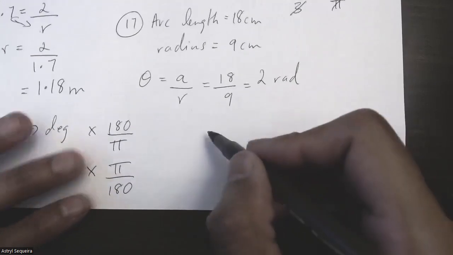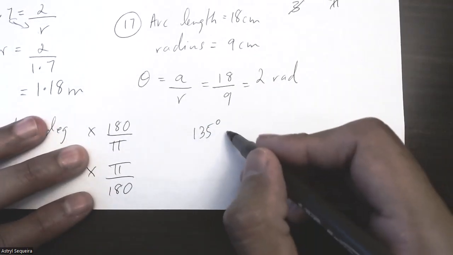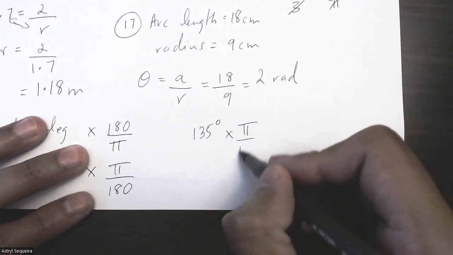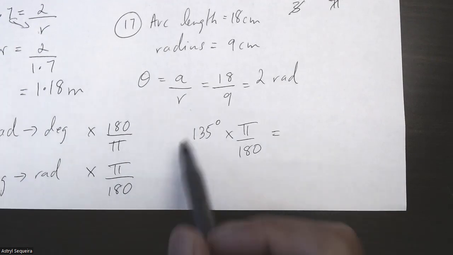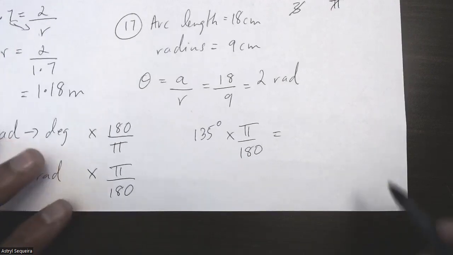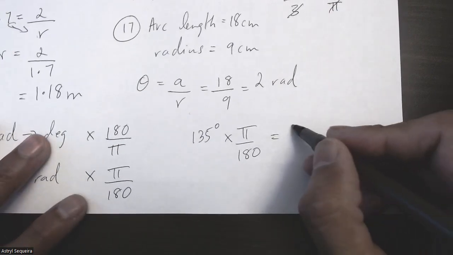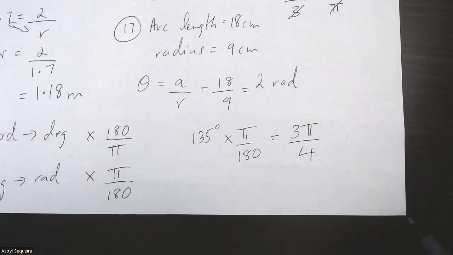Next question, we're converting 135 degrees into radians. So now I'm going to multiply by pi over 180. And you can just do this in the calculator. It'll automatically simplify 135 over 180. I know you can divide them both by 5, but there's probably other numbers, and that is true. It simplifies all the way down to 3 pi over 4.